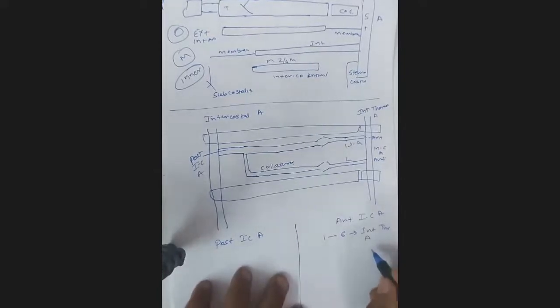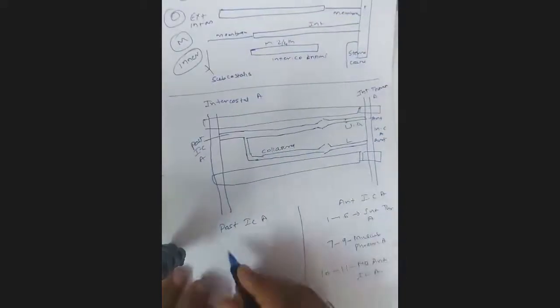In space number 7, the internal thoracic artery divides into the musculophrenic and superior epigastric. In spaces 7 to 9, the two anterior intercostal arteries are given by the musculophrenic artery. And in spaces 10 and 11, there are no anterior intercostal arteries.